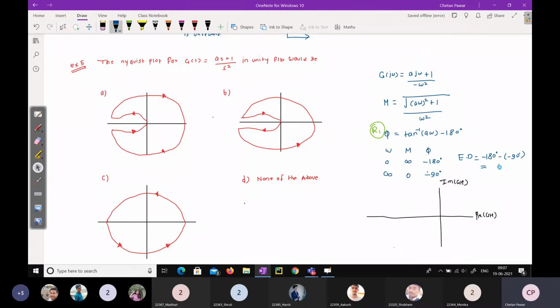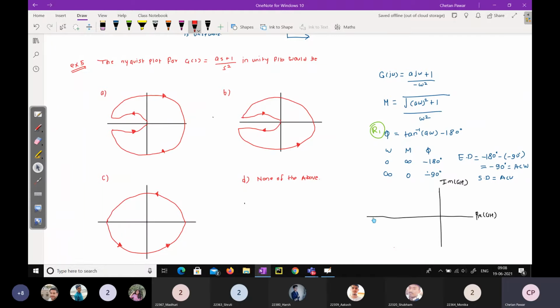Is the ending direction clockwise or anti-clockwise? Anti-clockwise, because a negative angle is there. And there is no finite pole near the origin; there is a finite zero near the origin. So the starting direction will be anti-clockwise.